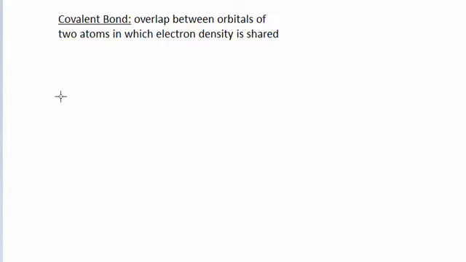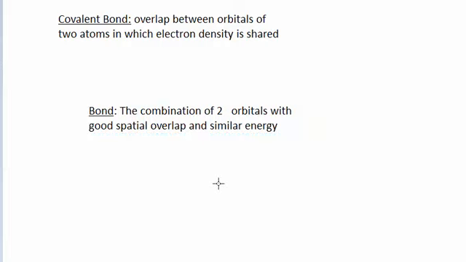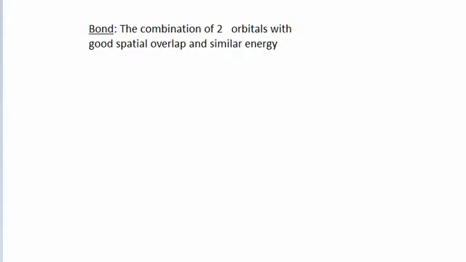It gets more complex in regards to bond angles, bond lengths, and electronegativity, but for now let's just concentrate on the fact that a bond in general is when you have similar energy in your orbitals and good spatial overlap, and that allows them to form a bond.